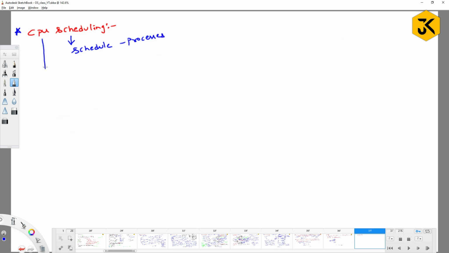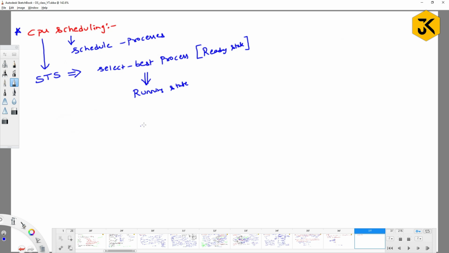By making use of the short-term scheduler. The short-term scheduler will select the best process out of the n processes which are available in the ready state and send that best process to the running state, right? Selecting the best process can be done based on many factors.